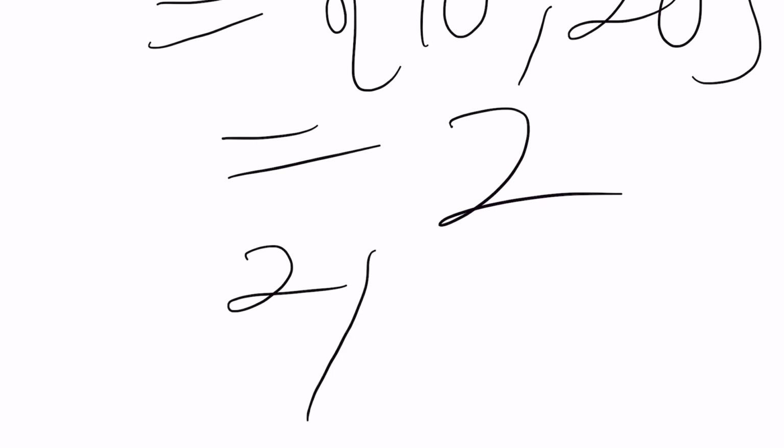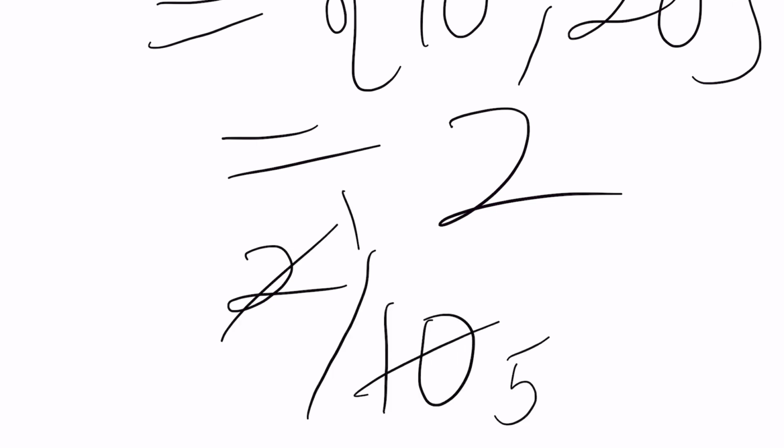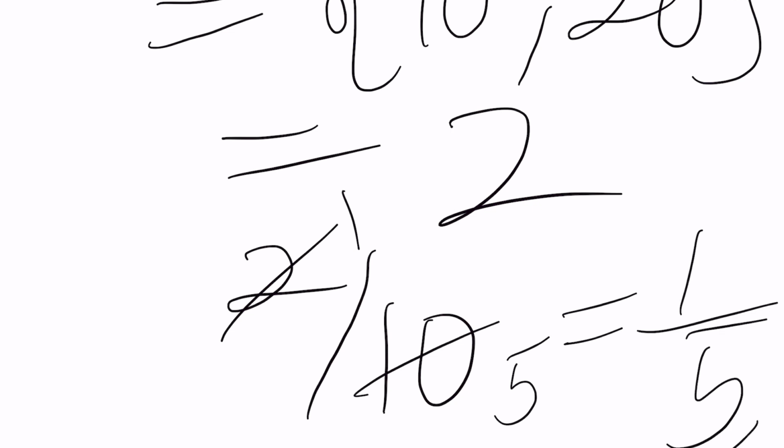So we have 2/10, which can be 1/5. That is the probability of a multiple of 5.